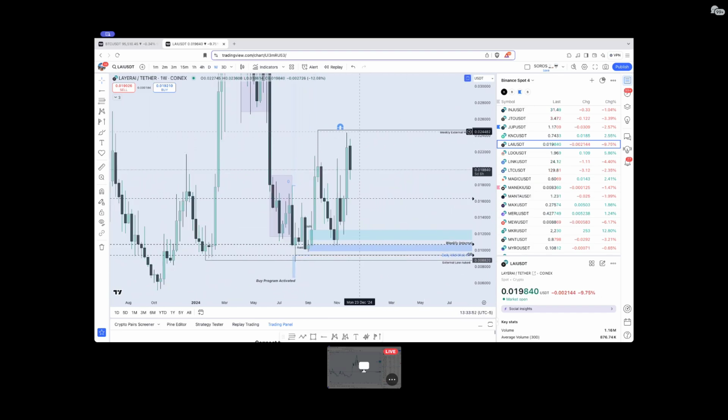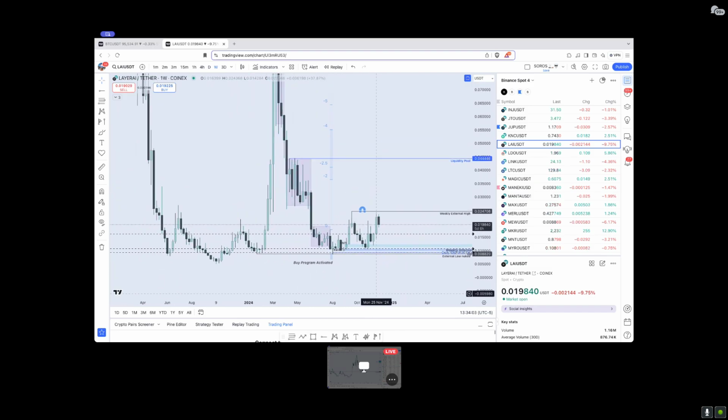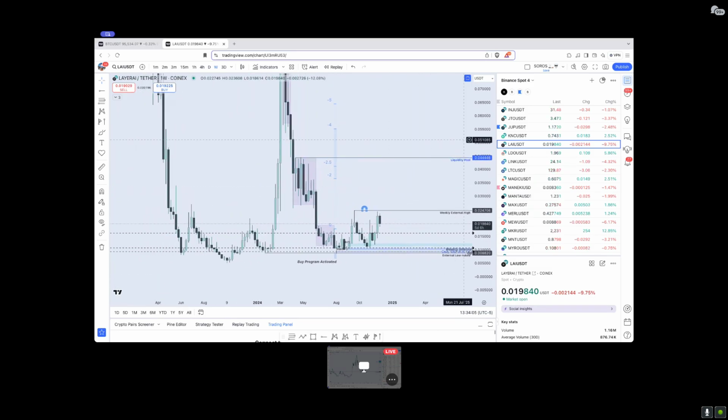But yeah, if they don't take the high first and it pulls back down here, that'll be a footprint to go long. If they take the high first, it's not as high confidence a trade.